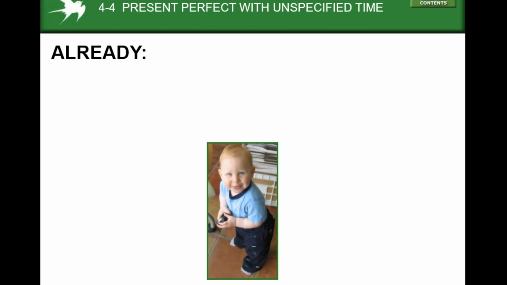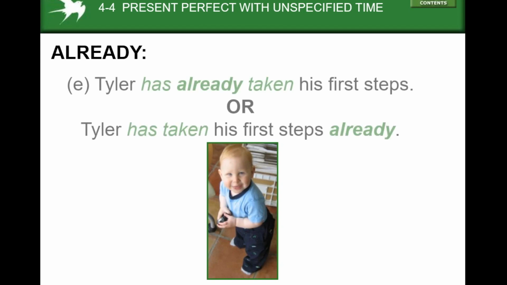More common time words that express this idea are like already. Let's take a look at the example sentence. Taylor has already taken his first steps. Or, Taylor has taken his first steps already. Already is used to answer questions and to emphasize, to show more clearly that an action has been completed.